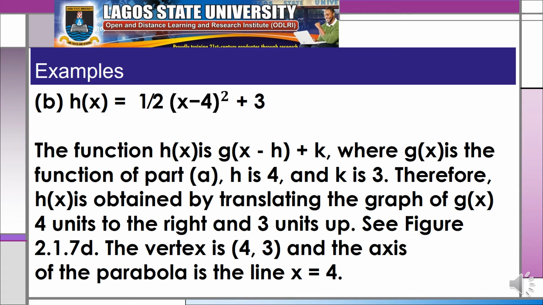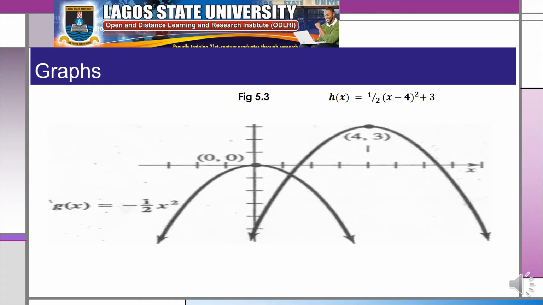The vertex of this graph is (4, 3), and the axis of the parabola is the line x equals 4. This is well displayed in figure 5.3.